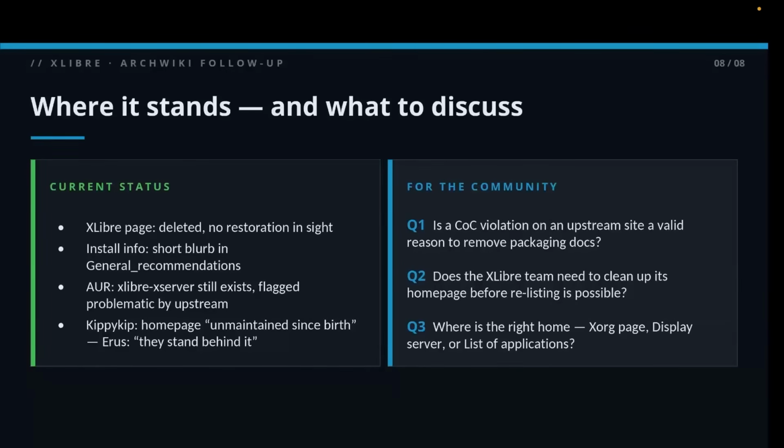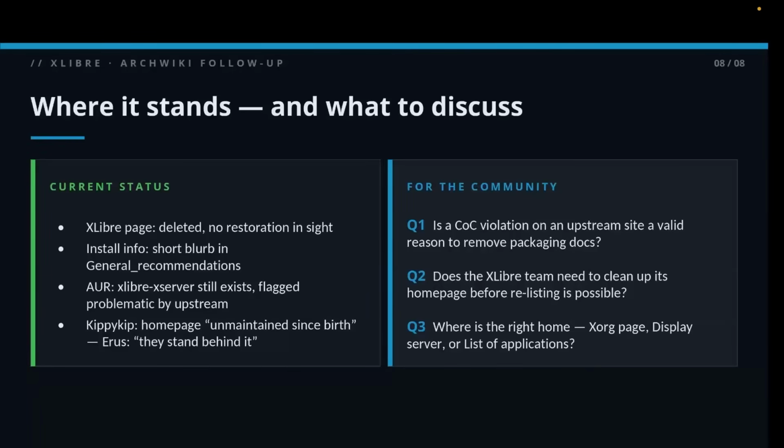But again, is a COC violation on an upstream site a reason to not offer software your users want to use, right? And some users need to use that because, unfortunately, the most common alternative doesn't work for their scenario, and the other one is becoming end of life. All right? Are you disenfranchising your users because of a COC violation?